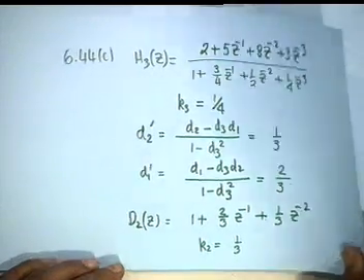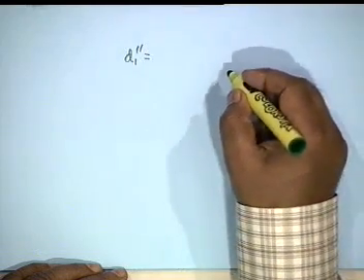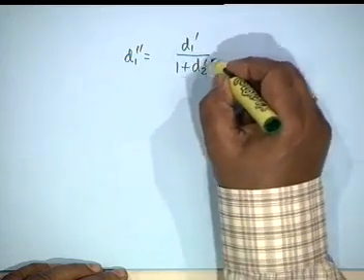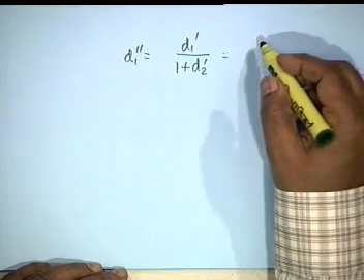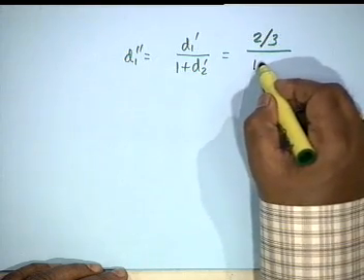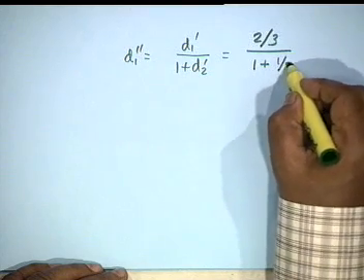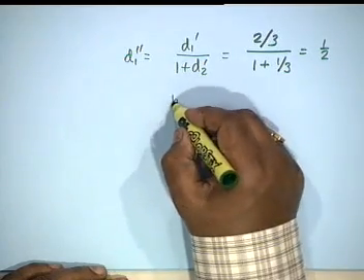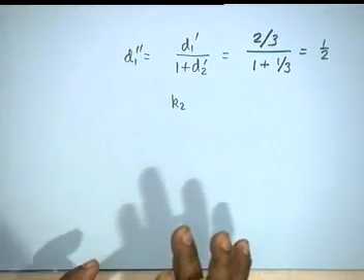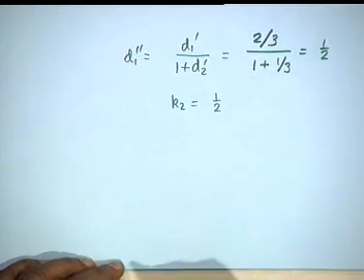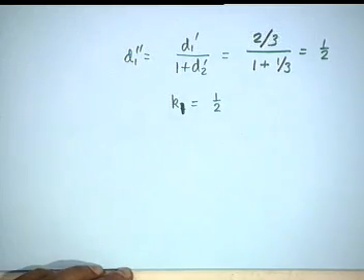And finally, in calculating d1z, all that we have to find out is d1 double prime, and this you know is d1 prime divided by 1 plus d2 prime. That is equal to d1 prime is 2/3 divided by 1 plus 1/3. So, this is equal to half. Therefore, you do not have to write d1z, K1 is simply d1 double prime, K1 is equal to half.